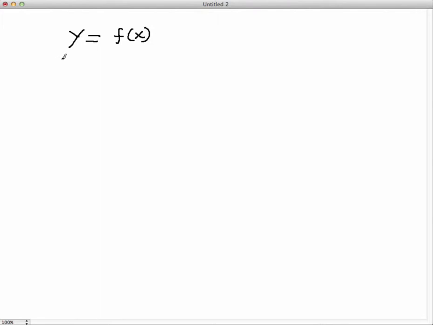And basically what that says is that your response, if we think about this in terms of our current work in statistics, is equal to some function of the predictor variable. We would call this over here the predictor.